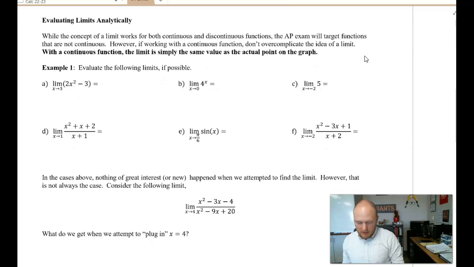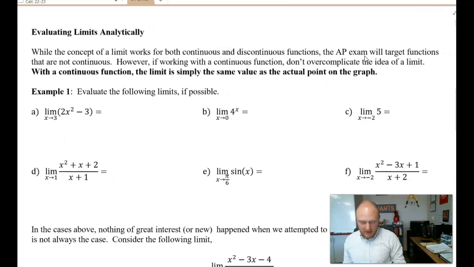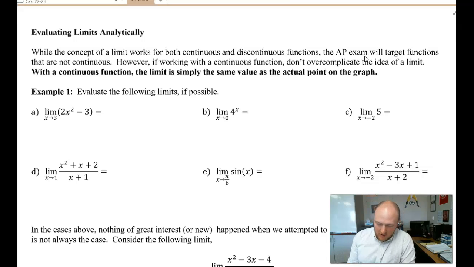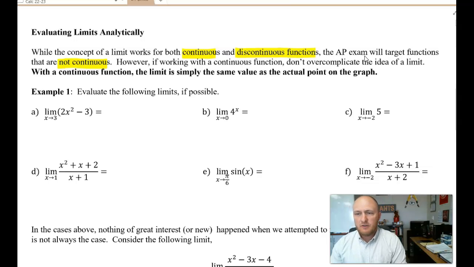So I want to talk about when we evaluate limits analytically. The concept of a limit works for both continuous and discontinuous functions. And the AP exam loves to target functions that are not continuous. That's its favorite. However, if working with a continuous function, don't overcomplicate the idea of the limit.